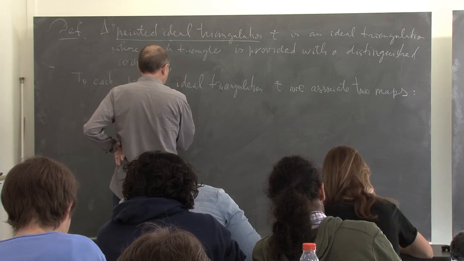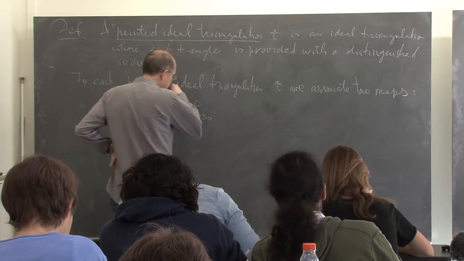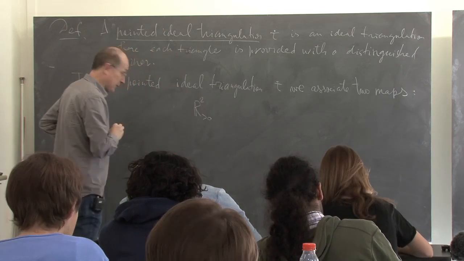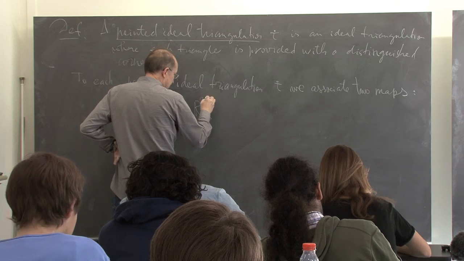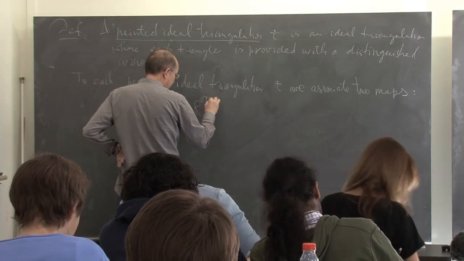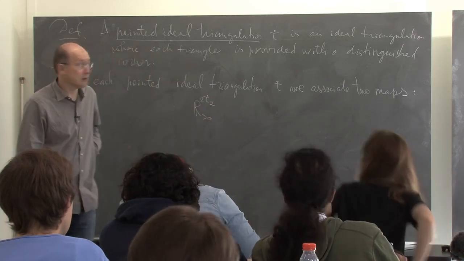And I put them all together. So we pick up a set of functions with values in R², positive R², and it is defined on the triangles. Okay, I keep using this notation.